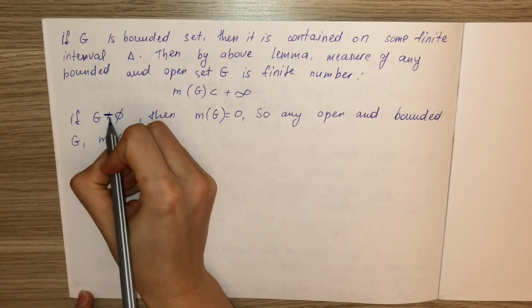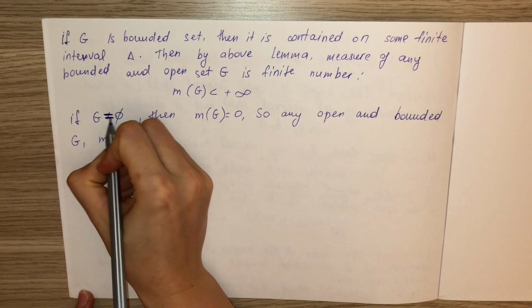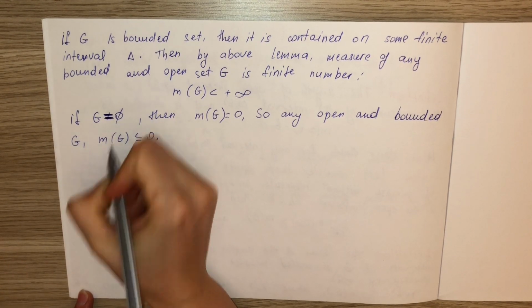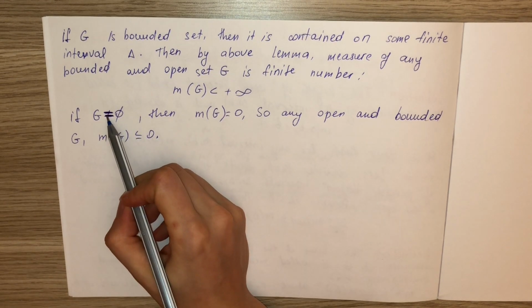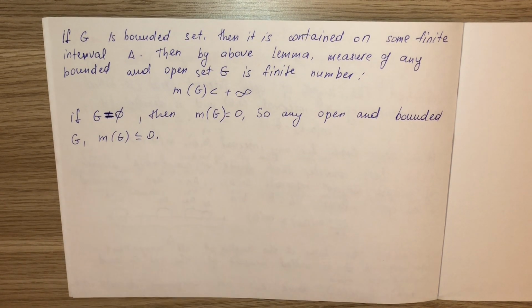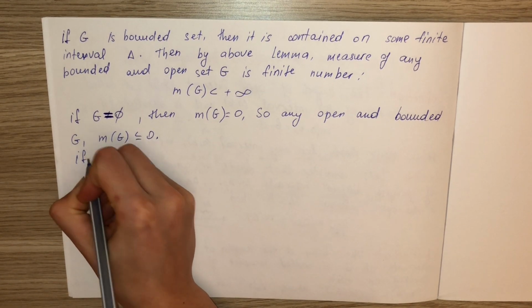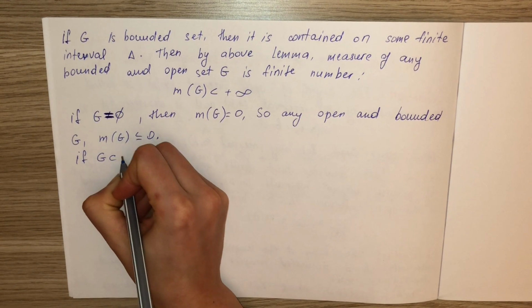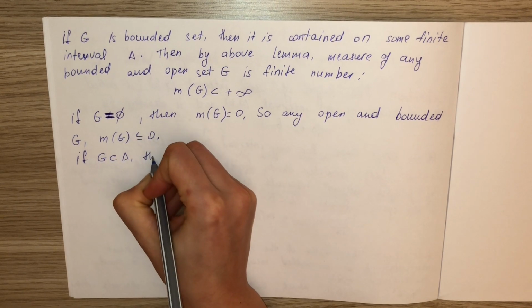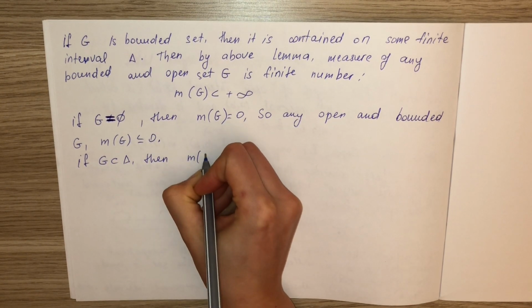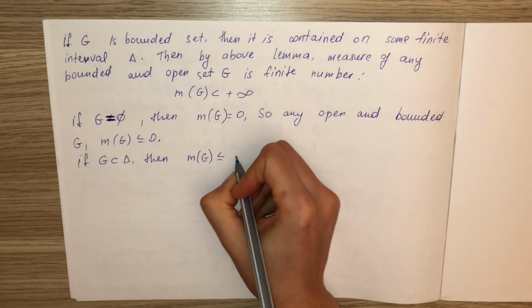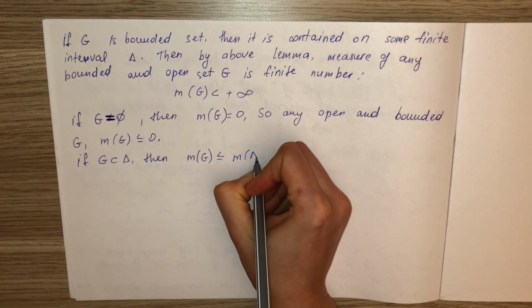Sorry, here it's not an equality, okay? And if G is a subset of delta, then the measure of G is less than or equal to the measure of delta.